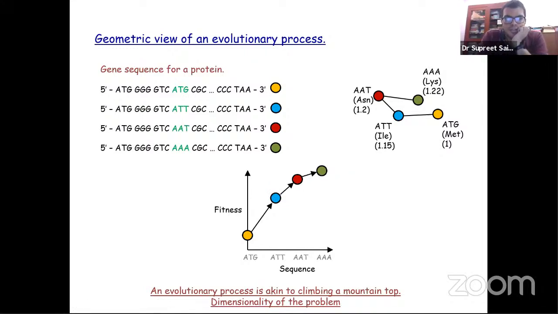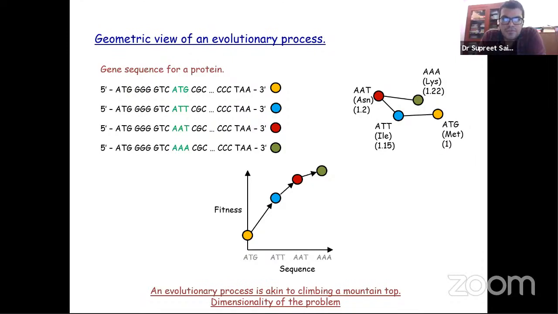So in this view, the evolutionary process is akin to climbing a mountaintop. At any node, you are looking for any mutation which leads you further up on the fitness scale, and hence evolution is often viewed geometrically as climbing a mountain.